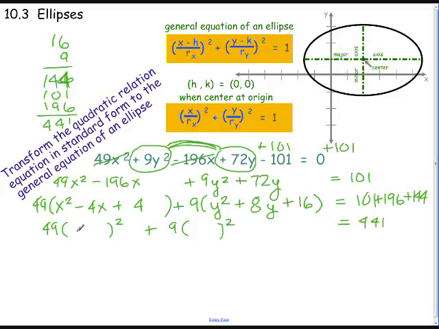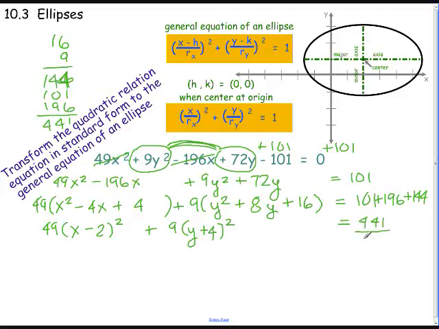So I've got, this is a minus, this one is a plus. This is x minus 2. This one is y plus 4. How did I get those? My sign matches whatever the middle term is. Okay? And this is simply the square root of my constant.